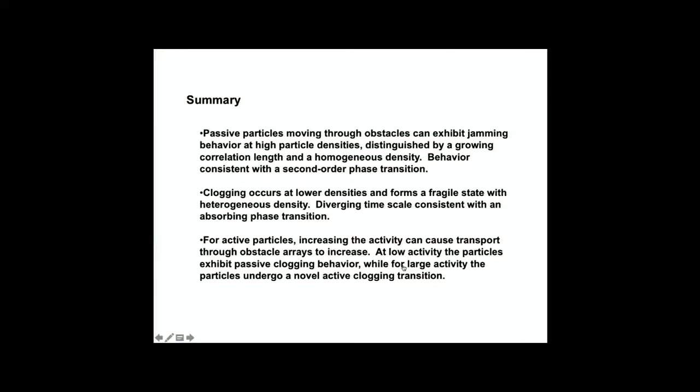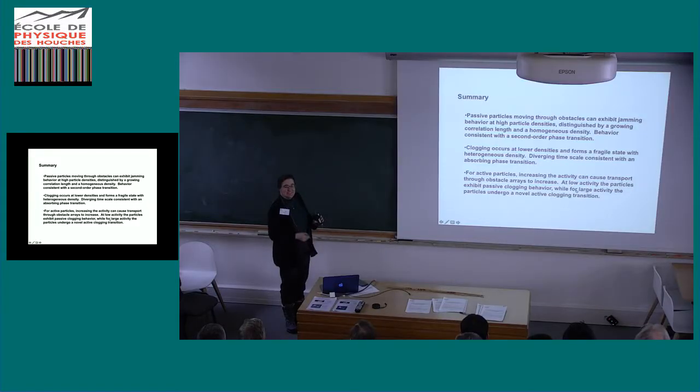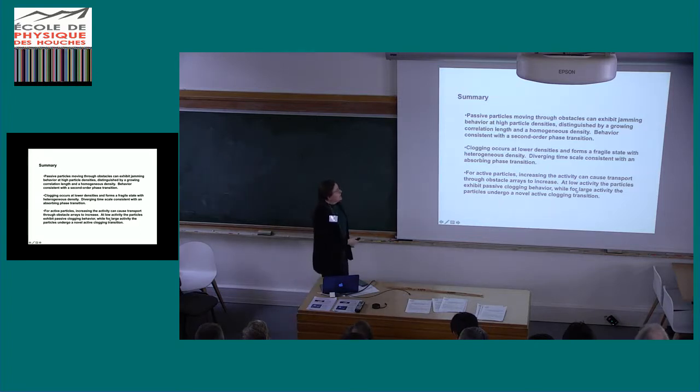All right, so I think I have used up my time, but I have shown you, hopefully, that we have a distinction between clogging and jamming behavior for granular particles: the jamming behavior has signatures of a second-order equilibrium type phase transition with a diverging length scale, but the clogging behavior looks more like a non-equilibrium phase transition with a diverging time scale, consistent with an absorbing phase transition.